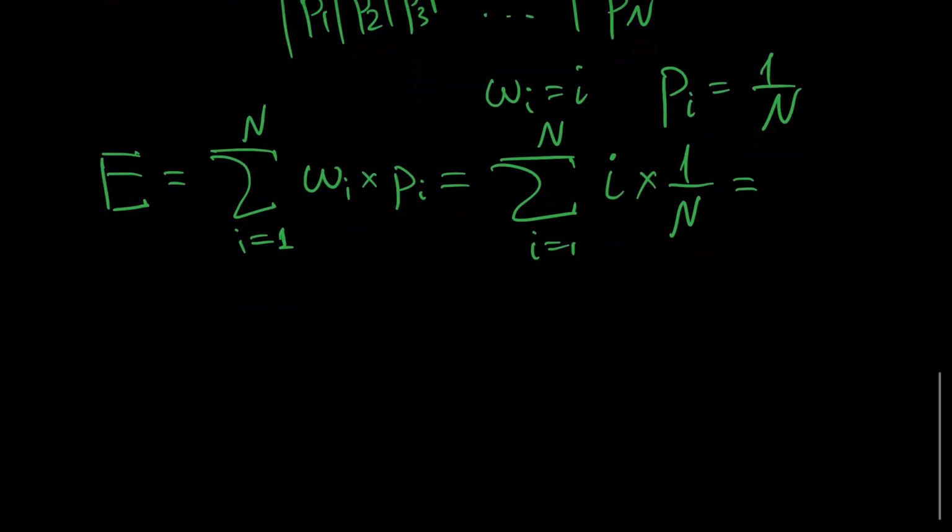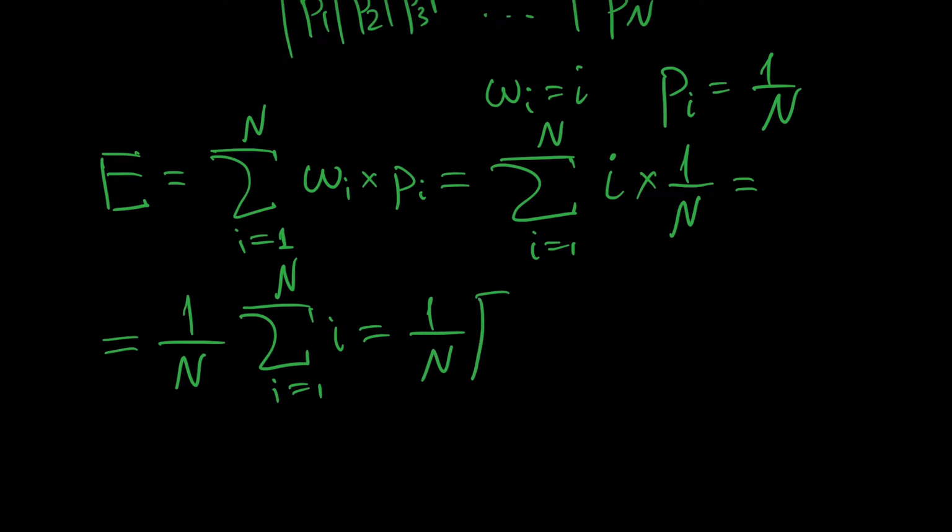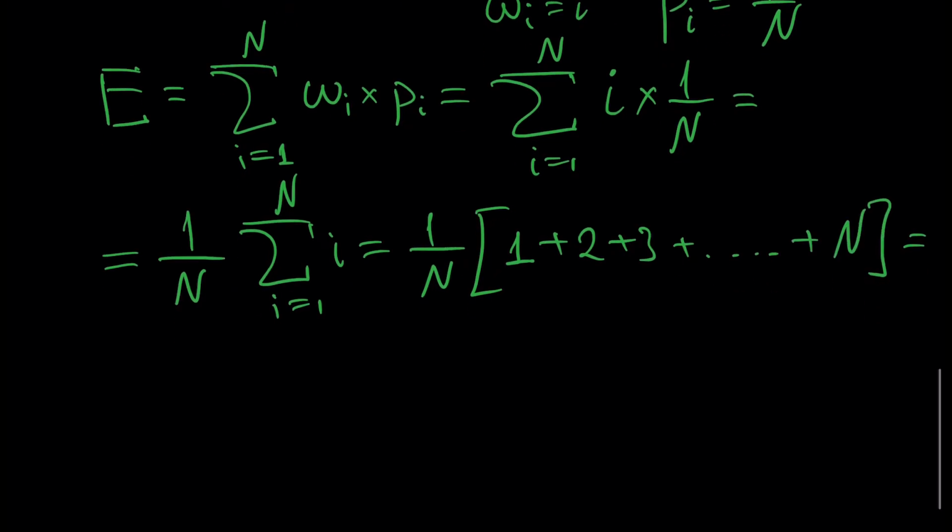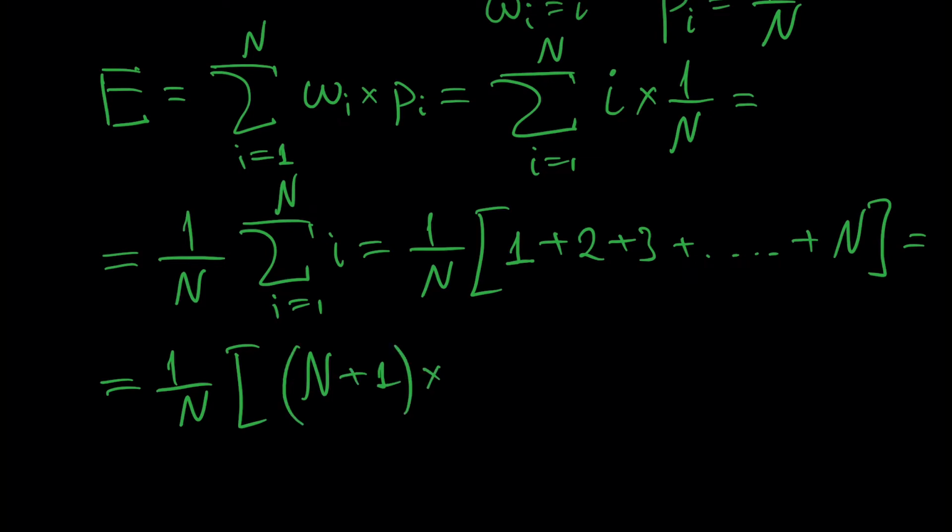And as in the previous problem, this 1 over n can be taken out of the summation because it doesn't have the i index, and our problem boils down to 1 over n times 1 plus 2 plus 3 and so on plus n. And as in the previous problem, it will be equal to n plus 1 times n divided by 2.